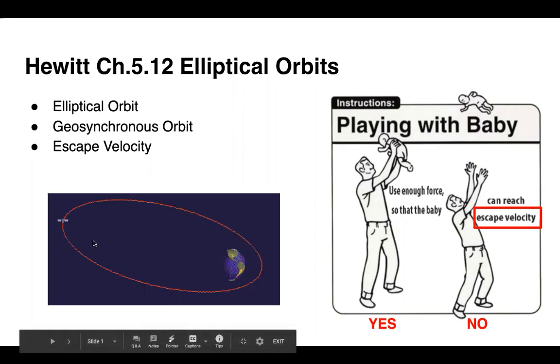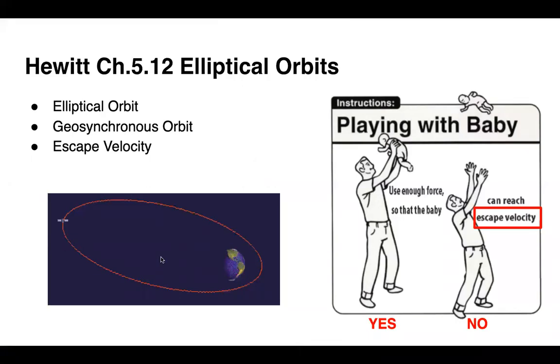It's just an orbit that has a slightly different shape. And in fact, this is probably the more common form of orbit that we see. I'll talk about what geosynchronous orbit is and escape velocity. And escape velocity is getting at this idea that we often hear, that term, what goes up must come down. And that's actually not true if you're able to achieve what they call escape velocity. Hopefully you're not throwing a baby up at escape velocity, but if you did, that baby would just continue outward from Earth into space and would never come back.